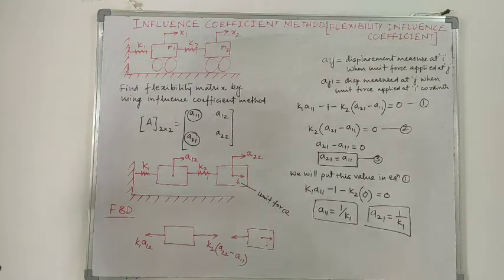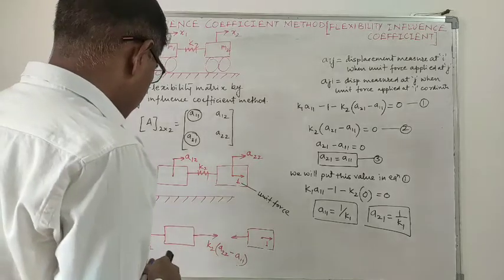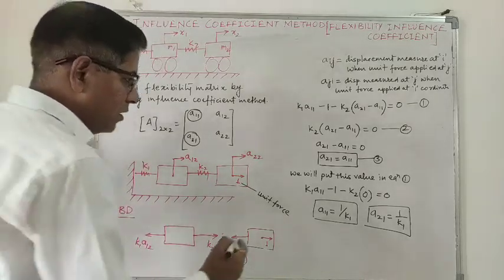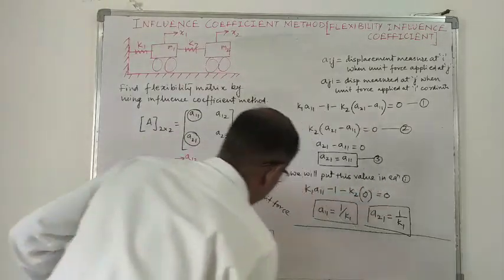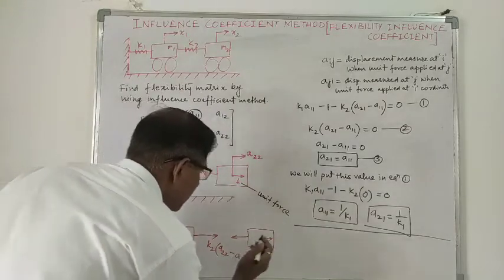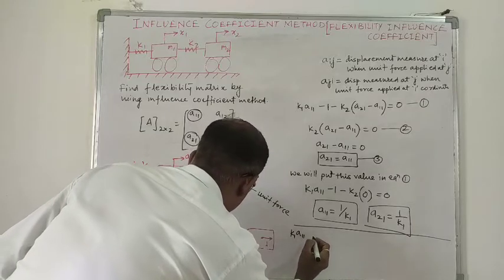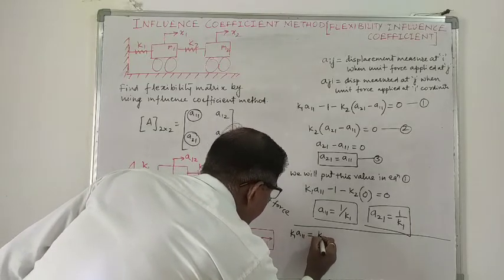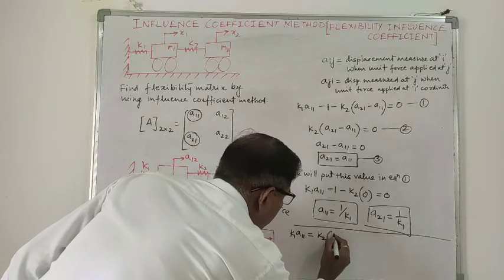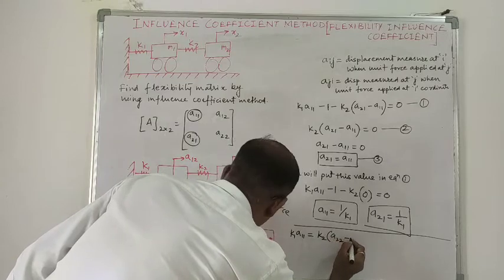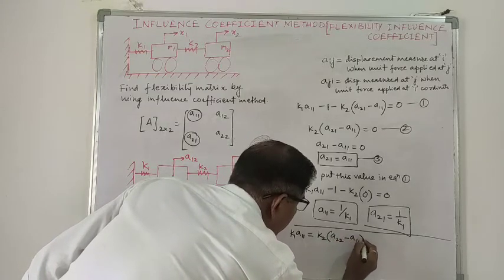Now we apply equilibrium here, so this is K1 A12 is equal to K2 into A22 minus A12.